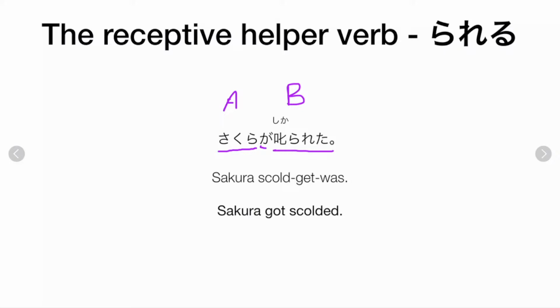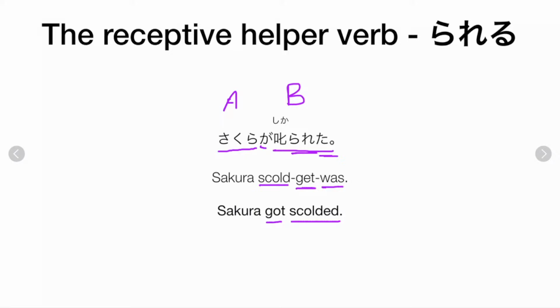So shikaru is to get scolding. Rareru means that she got scolded, and then ta is our past tense. So rareru becomes rareta. That tells us it's past tense. So was. So Sakura got scolded in the past.